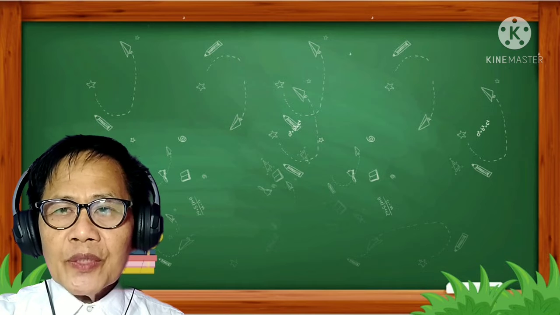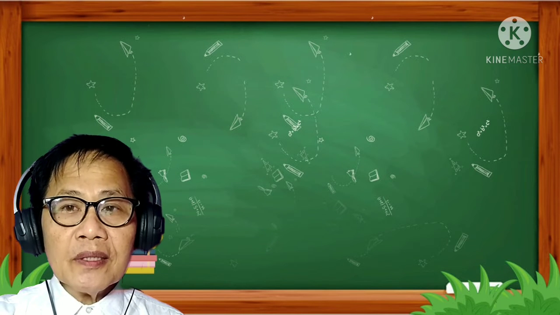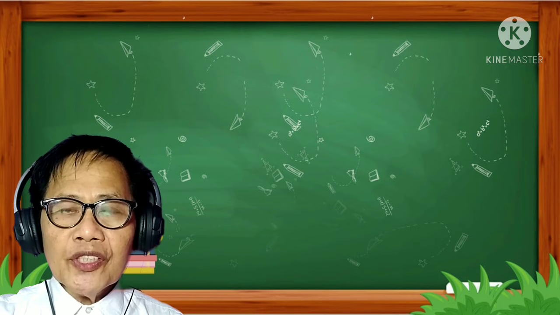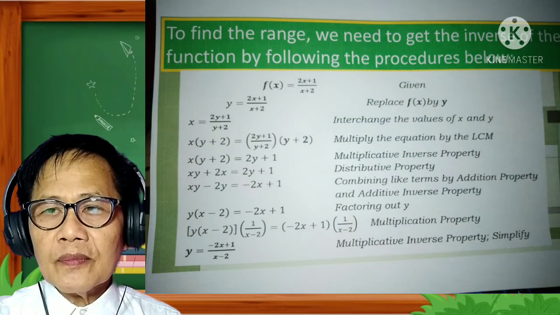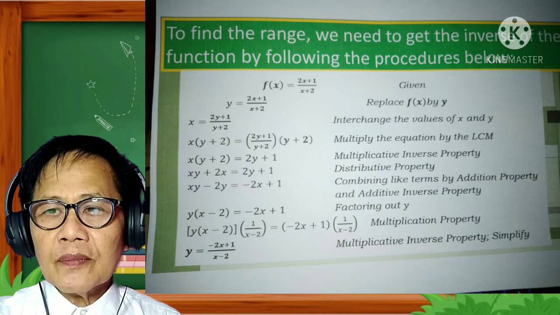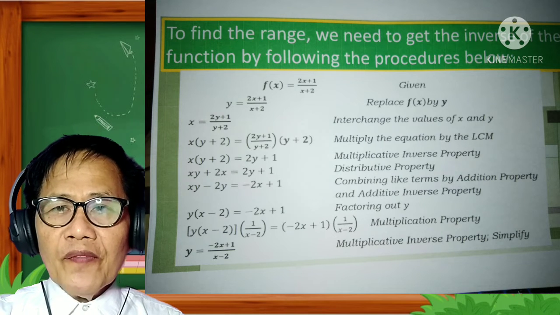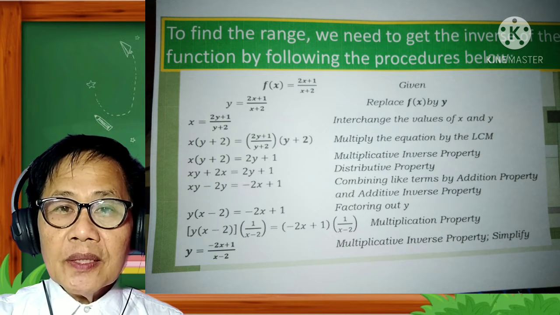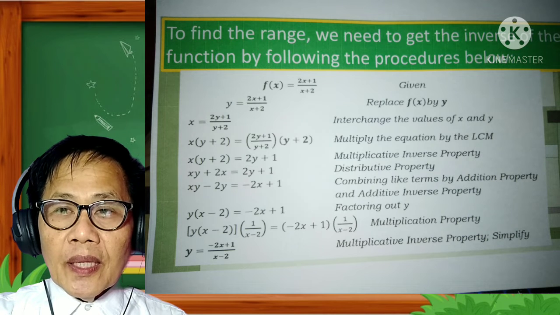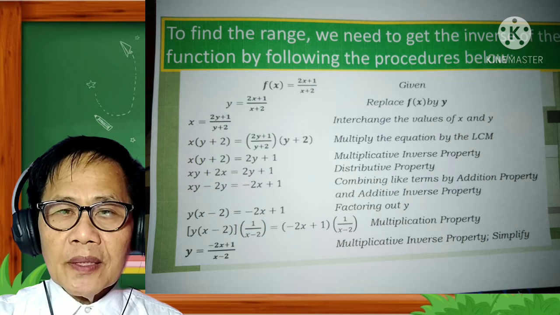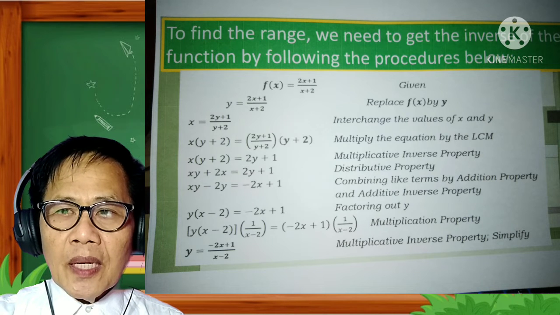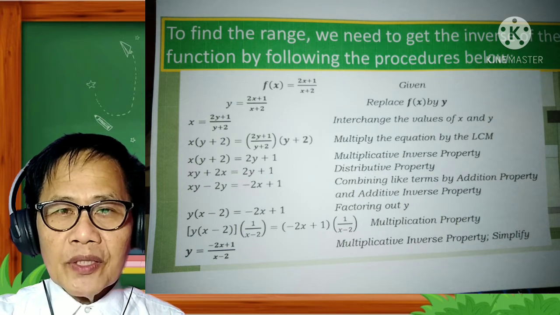to find the range, we need to get the inverse of the function by following the procedures below. The inverse of the given function is f raised to the -1 of x equals -2x plus 1 over x minus 2.